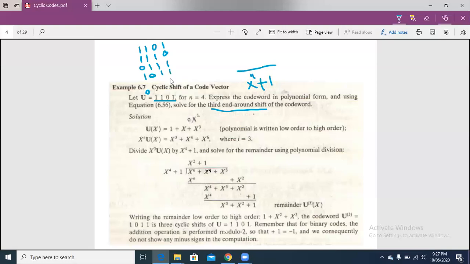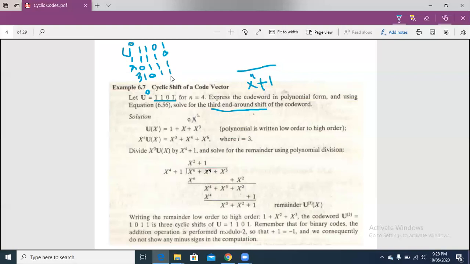And so this is the zeroth shift. This is u of 0, and that is u of 1, that is 2, that is 2, and that is 3. And what about the fourth shift?